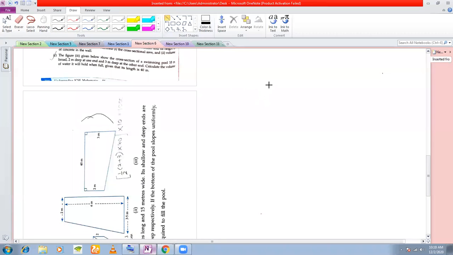Okay, so you have this kind of a figure here. This is a cross section of a swimming pool. What do you mean by cross section of a swimming pool? Can you tell me what kind of cross section we are talking about? Rectangle?